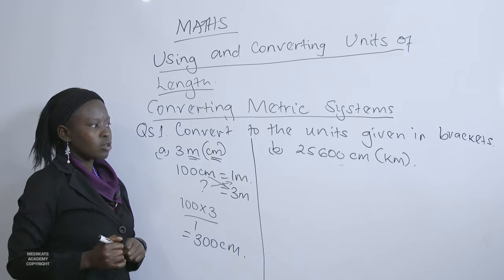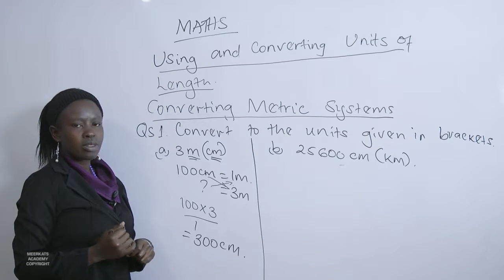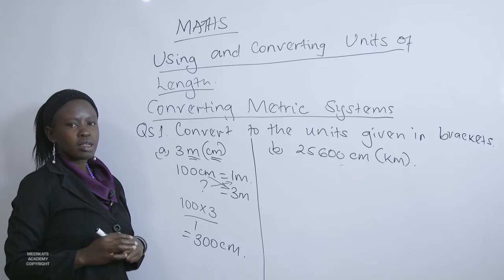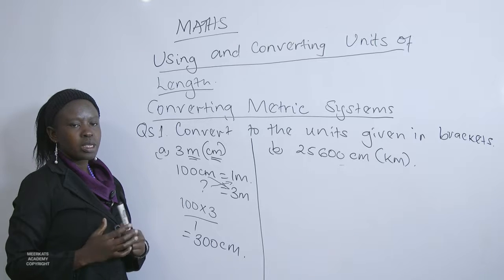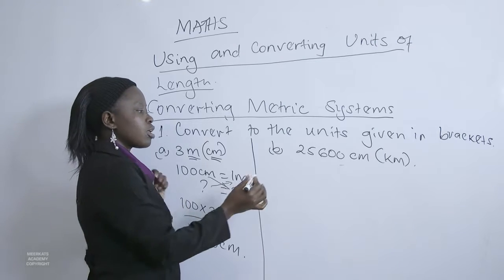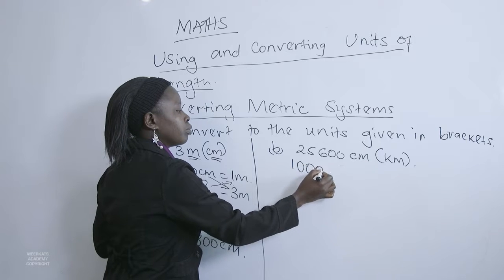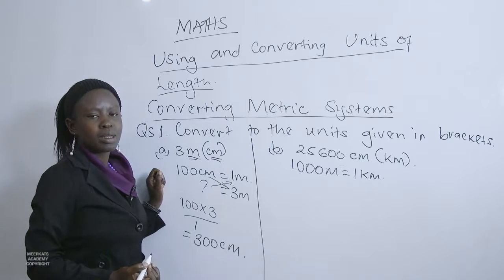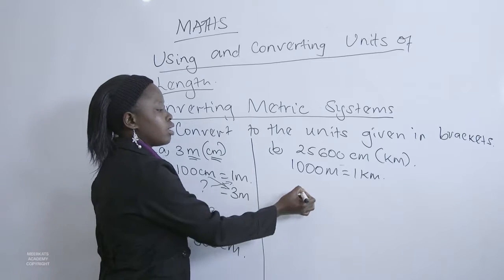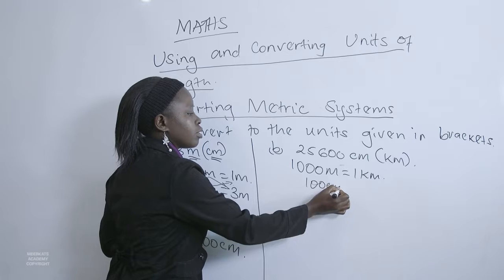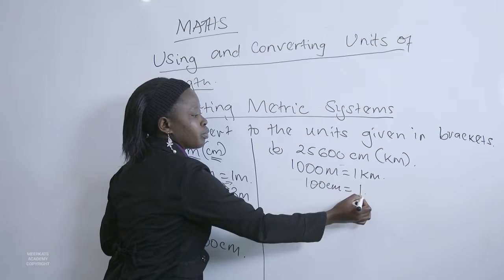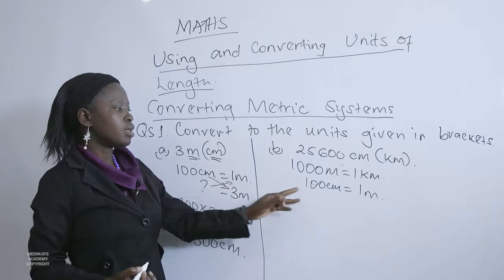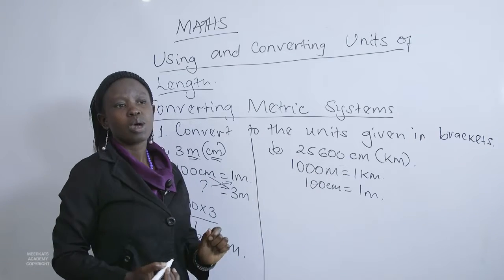The next conversion we have is 25,600 centimeters converted to kilometers. So we need to understand that 1,000 meters is 1 kilometer, but at the same time we know that 100 centimeters is 1 meter. So we need to find out how many centimeters will make up 1 kilometer.